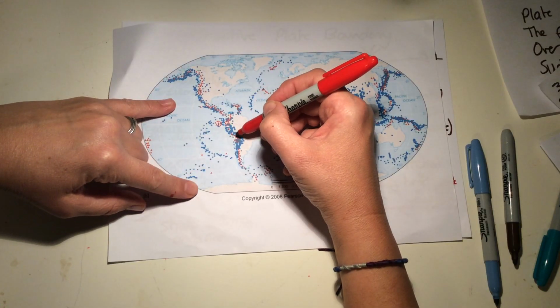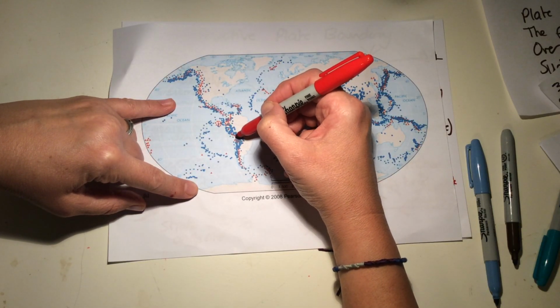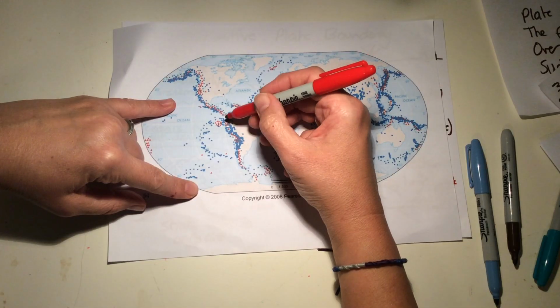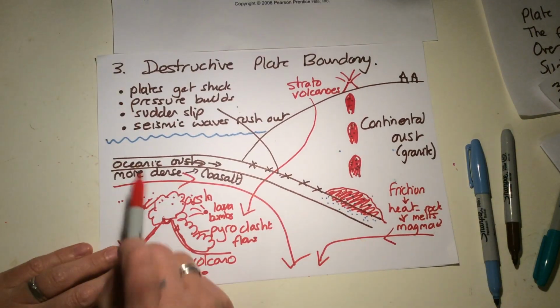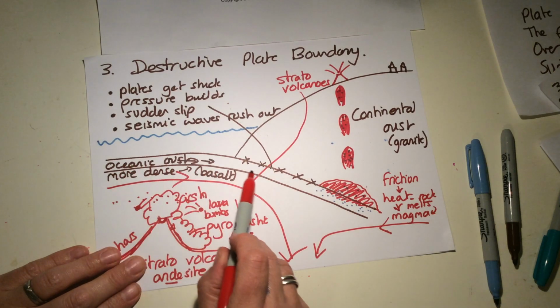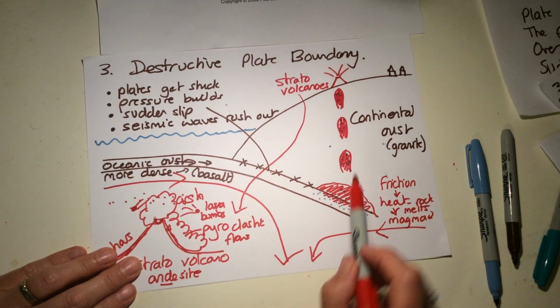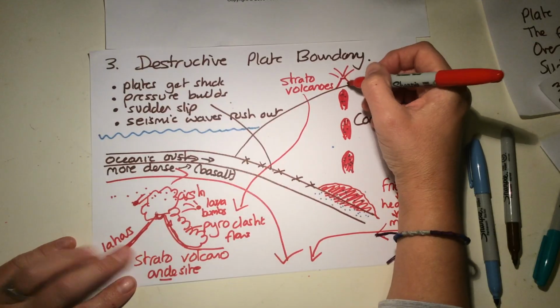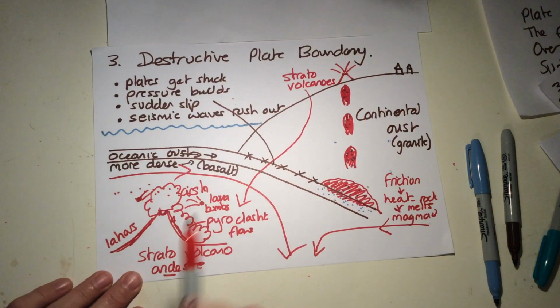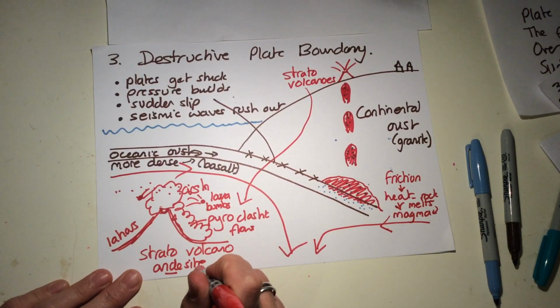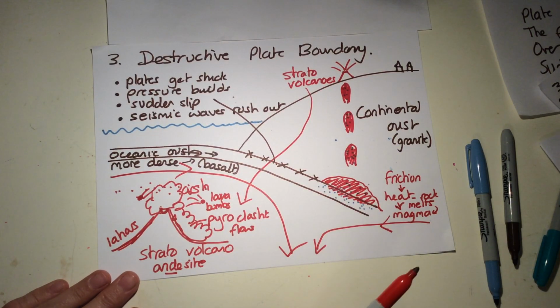And that's why we have a mountain range all along here called the Andes, and a lot of volcanoes, because it's exactly this situation. So the Nazca plate is going underneath the South American plate, creating volcanoes, and the land gets pushed up into mountains. And the reason it's called andesite is that it's seen in the Andes.